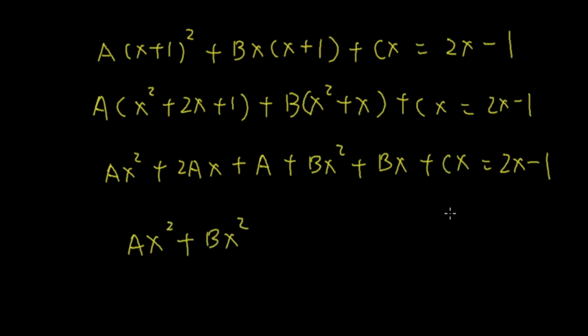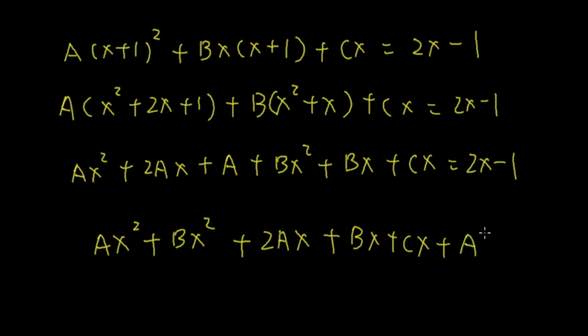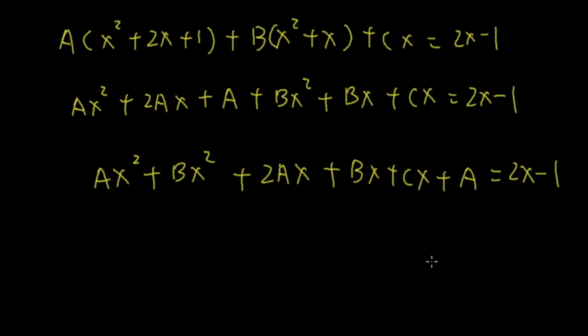Anything else? No. Now next will be the x terms, right? So plus 2Ax plus Bx plus Cx. Now finally plus A, right here, and that's equal to 2x minus 1.